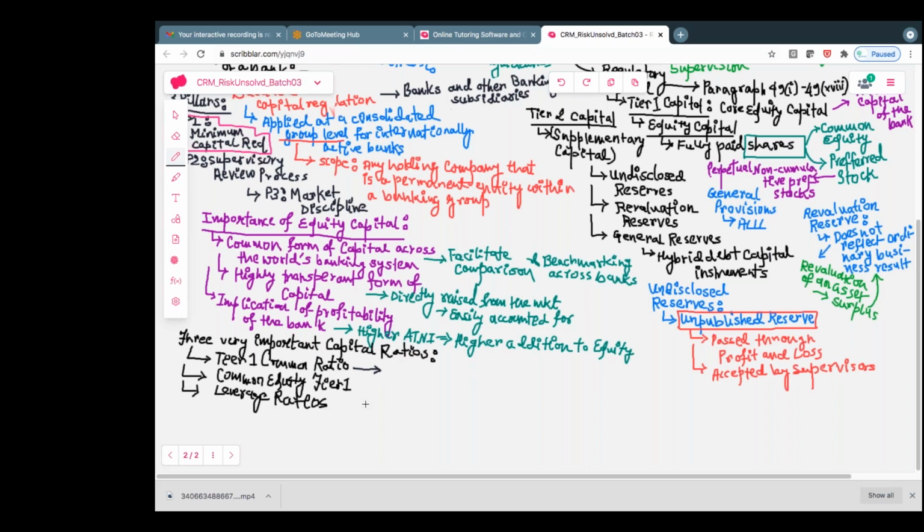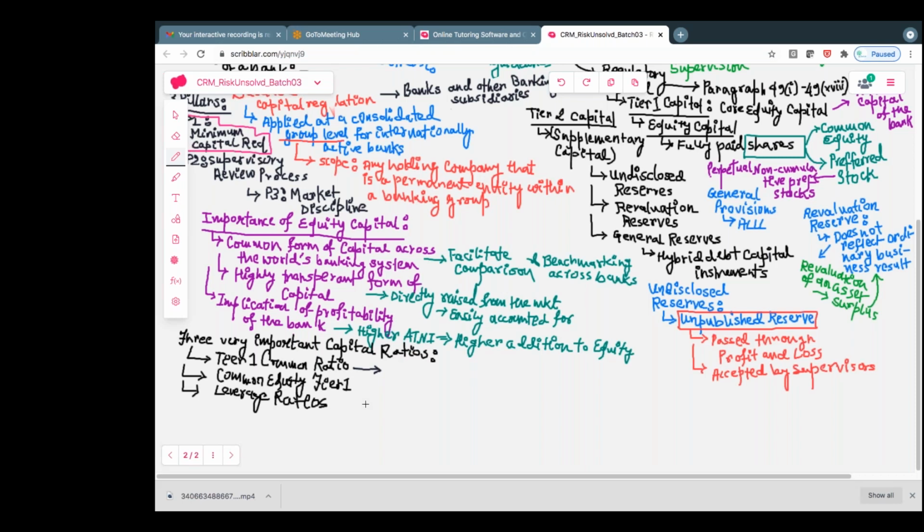From there we'll see what the broad kinds of exposures are that a bank has, which have been discussed under the Basel framework, and from there we'll start moving towards the next steps.